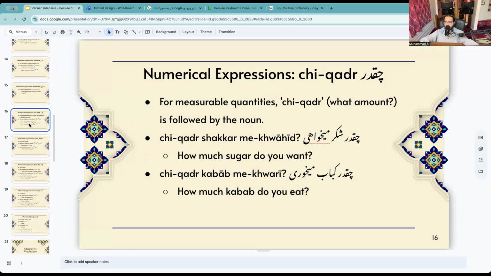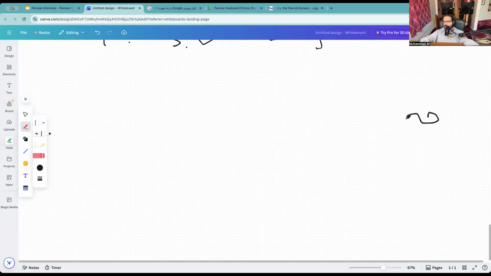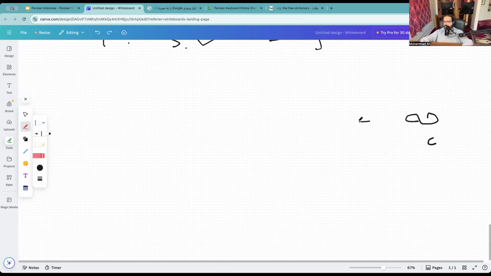All right. And then we have cheqadr, which is just a combination of the words che, which means what, and qadr, which means amount. I don't know why I added the che there. This is Persian and this is Arabic. Cheqadr.